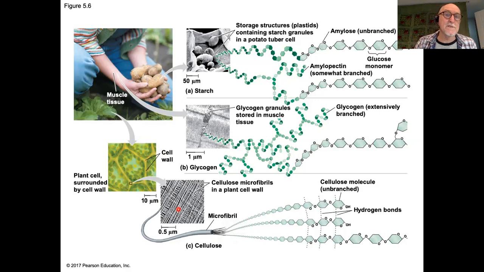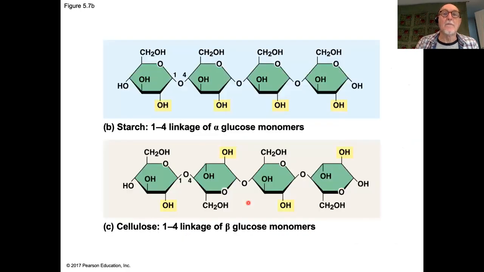Now, this creates something of an ecological problem, because cellulose, unlike glycogen and starch, is extremely difficult to digest. There are very few enzymes which will attack cellulose, and animals do not possess them. Animals like cows, us, etc., do not possess them.